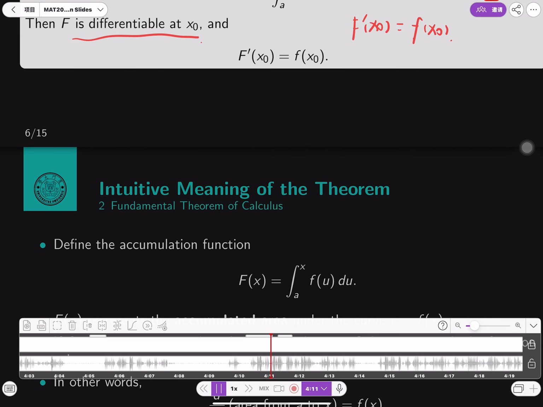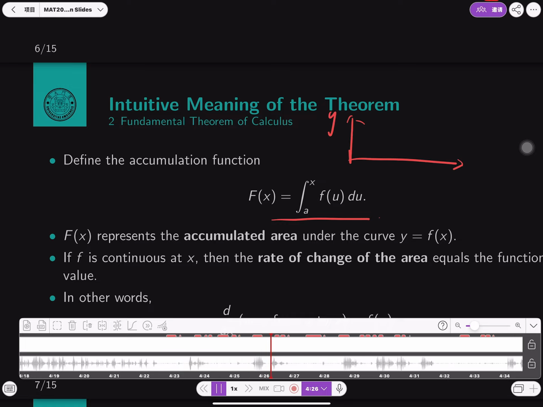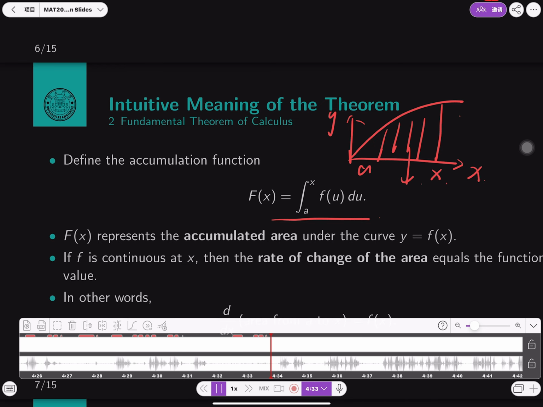Okay, to better understand the theorem, we look at its meaning. The function big F(x) represents the accumulated area under the curve y equals f(x) from a to x. Then the region here is the accumulated area. If the function f is continuous at x, then the rate at which the area changes is exactly the value of the function at that point.